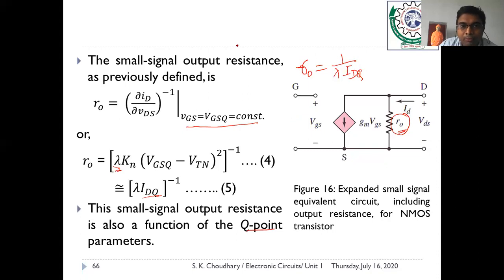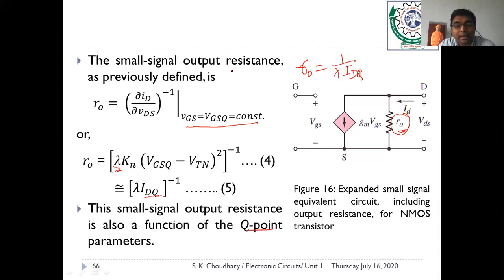Okay, clear up to this point? Now we have to see here. This is the AC, or you can say small signal equivalent circuit for the MOSFET only. It is only for the MOSFET transistor, considering the practical conditions of finite output resistance.